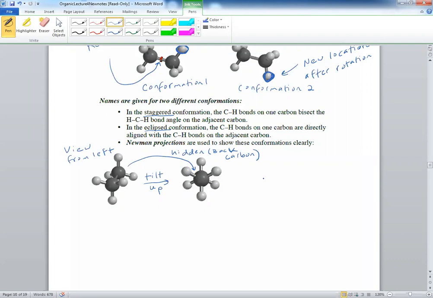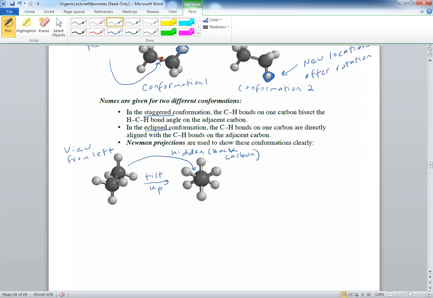So there's an easier way of drawing this rather than simply working with the CH and the skeletal structure. We have a new representation that we call the Newman projection. Now, let me just tell you again, as I've been saying all along, in this class, in order for you to be very successful, you have to be able to use these different representations and translate between them.